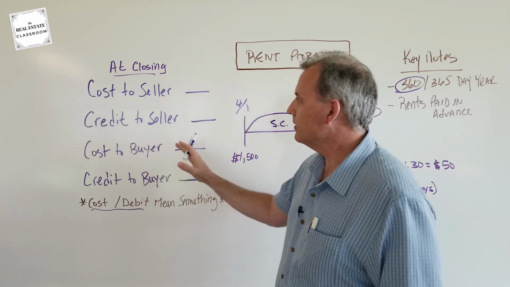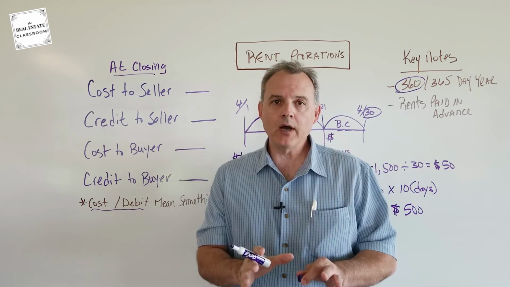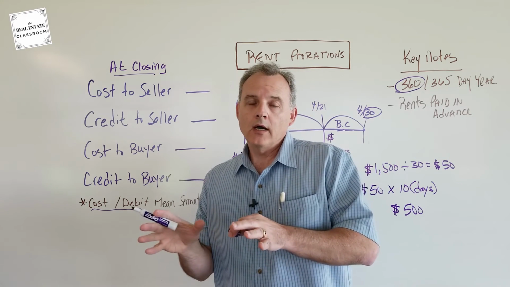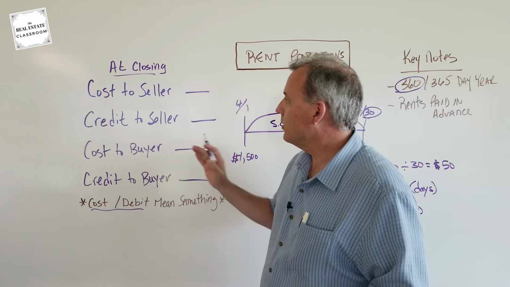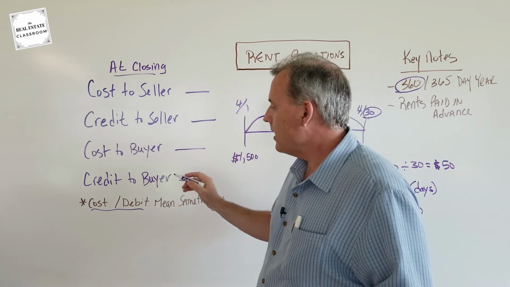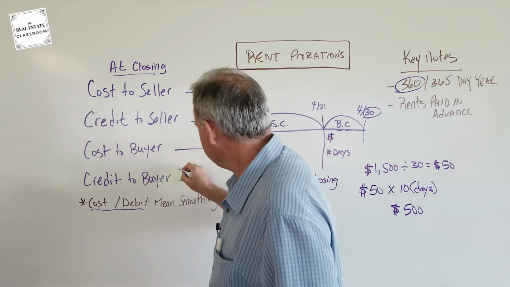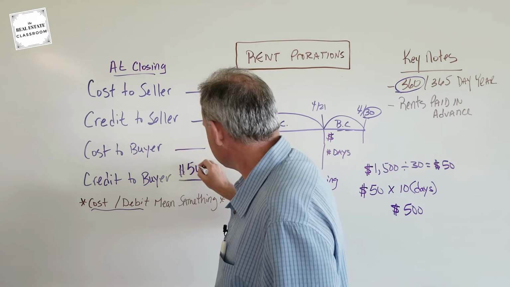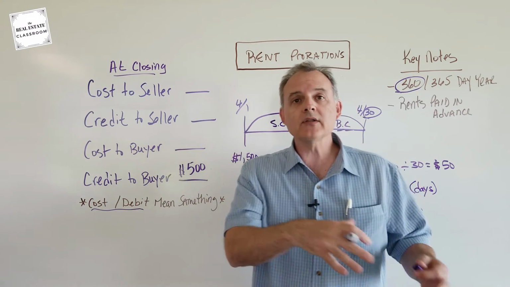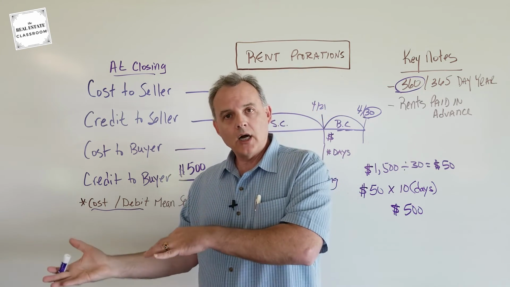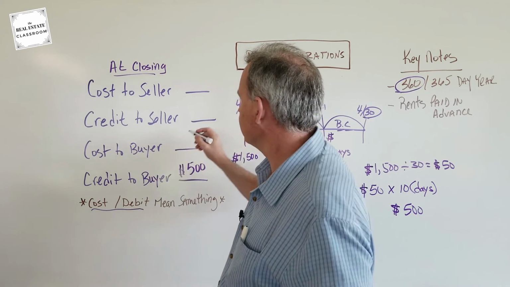So let's go over here. Remember, because I said every proration problem, they want to know a buyer cost or credit and a seller cost or credit. So in this case, we know that it was a buyer credit of $500. Therefore, if it's a buyer credit for $500, then it must also be a seller cost or a seller debit.